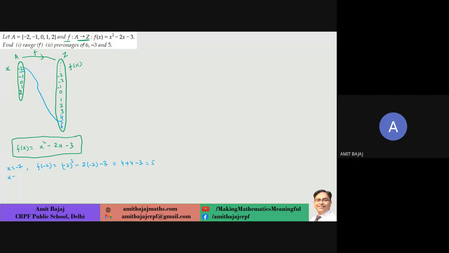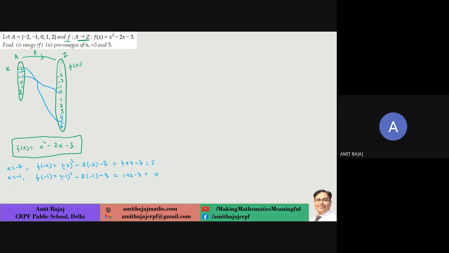Further, when x is -1, what is f of -1? In the definition, put x as -1. So 1 plus 2 minus 3. What did you get? It's simply 0. So -1 goes with 0.